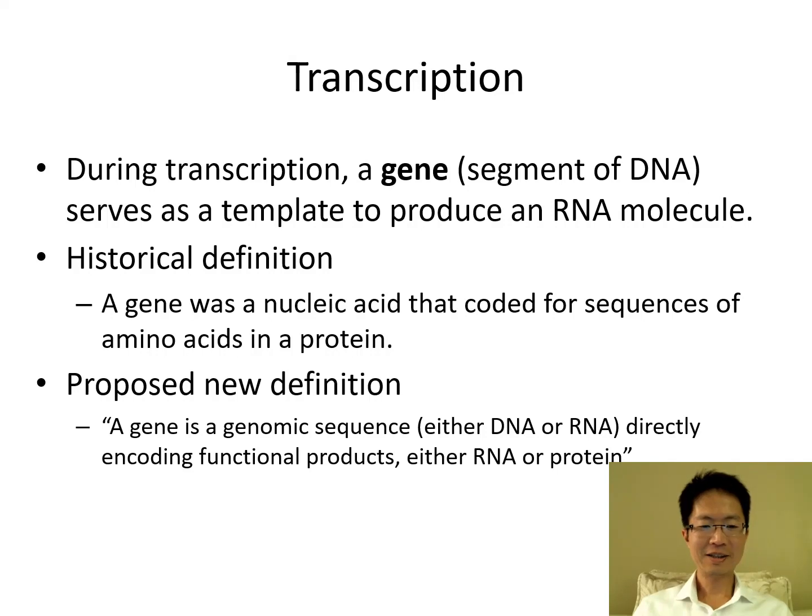Alright, let's look at the details of transcription, meaning converting DNA into messenger RNA. During transcription, a gene, a segment of the DNA, serves as a template to produce an RNA molecule. They have the historical definition and a proposed new definition. They are kind of complicated. I prefer the historical definition, which is easier.